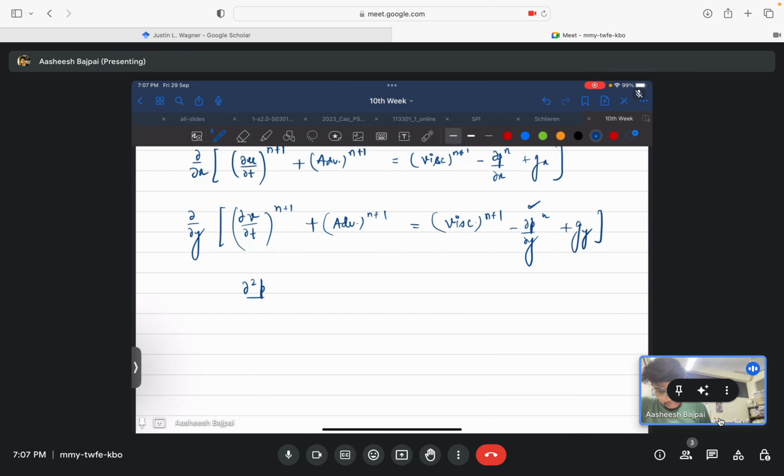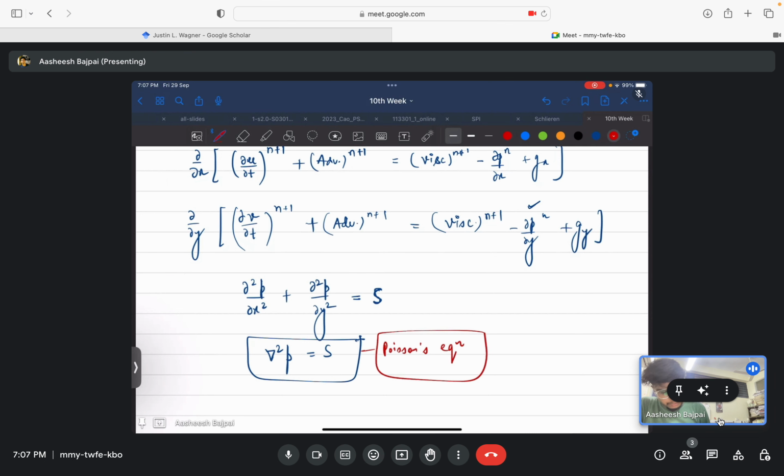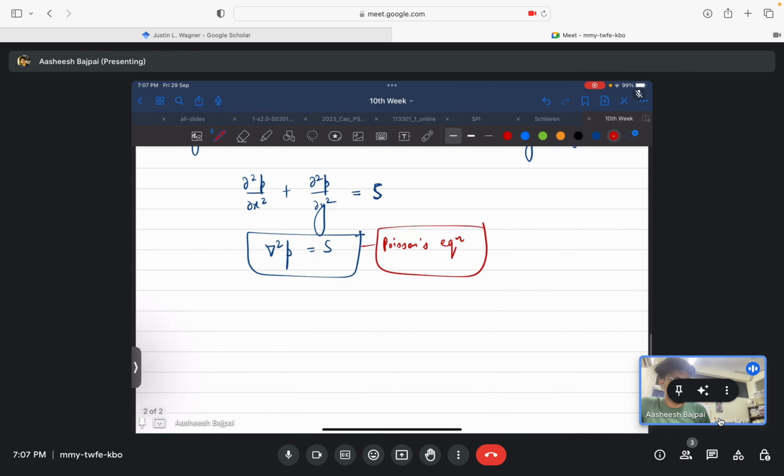So this will be del square p over del x square plus del square p over del y square equal to the sum of all the terms, which we consider as the source term, and this is what we call Poisson's equation. And this is how we will get the Poisson's equation from these two momentum equations.